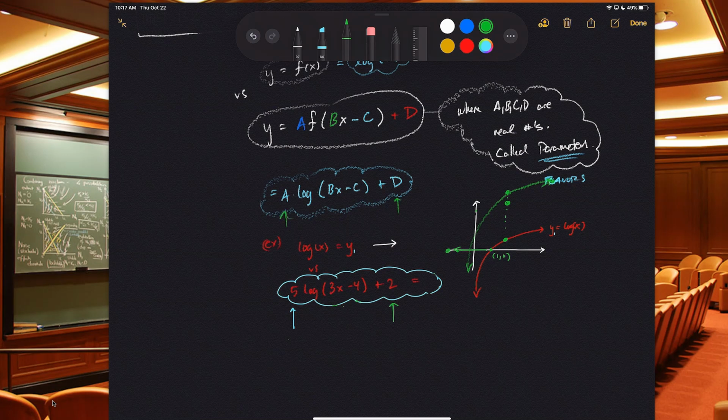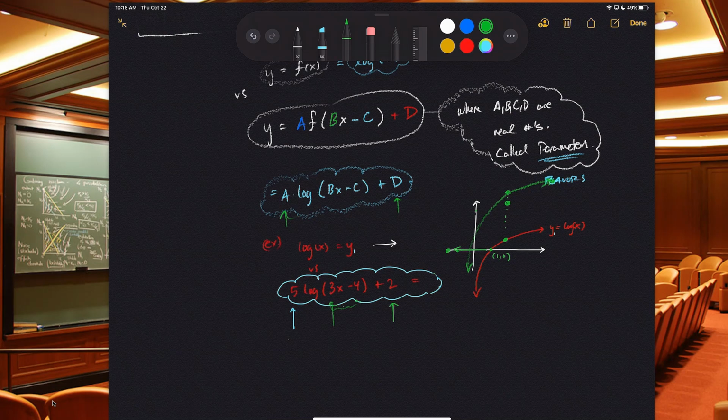But we know B and C are also doing things to this graph. So what's happening there? In general, the inputs are messing with the horizontal stretching and shifting. So this 3 is also a scale factor of the inside, right? So it's scaling the input directly. You can think of this as kind of accelerating the curve. It's shrinking it down because you're eating up those inputs faster, right?